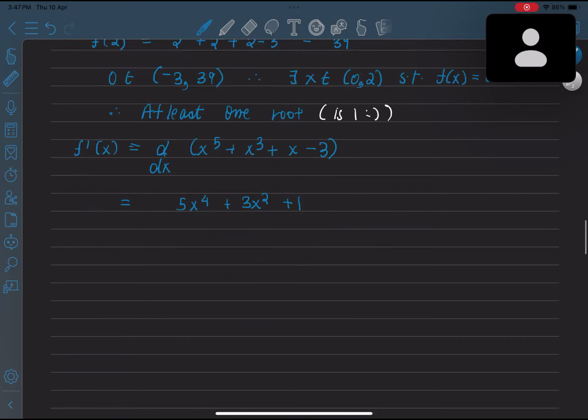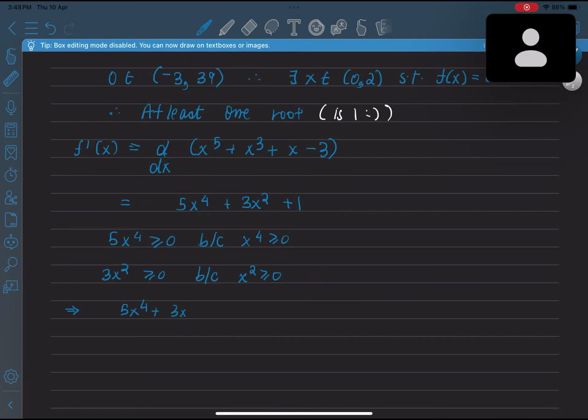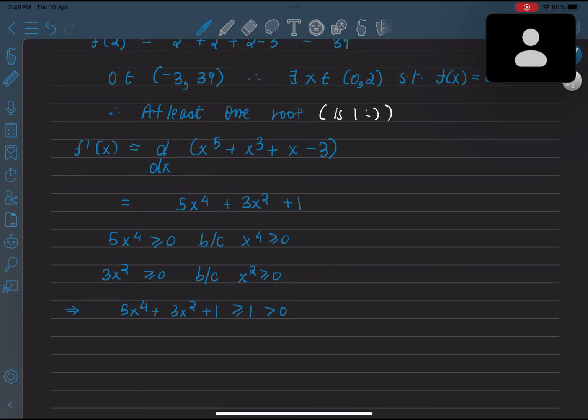Now you can notice a couple of things here. 5x to the 4 is more than or equal to 0 because x to the 4 is more than or equal to 0, and 3x squared is more than or equal to 0 because x squared is more than or equal to 0, and therefore this whole thing is going to be more than or equal to 1, which is more than 0.